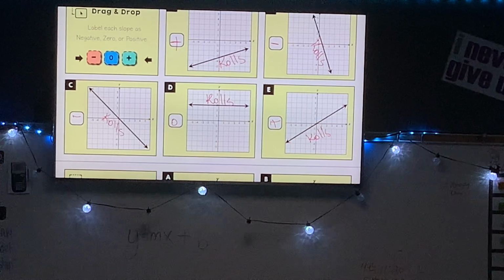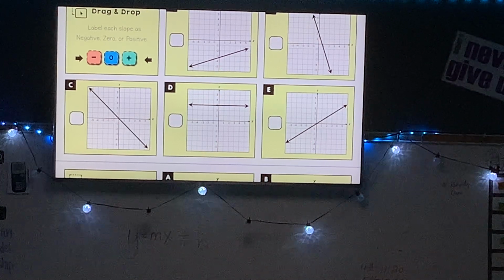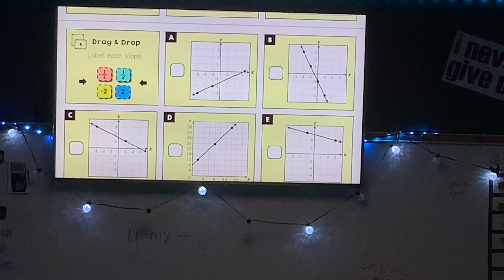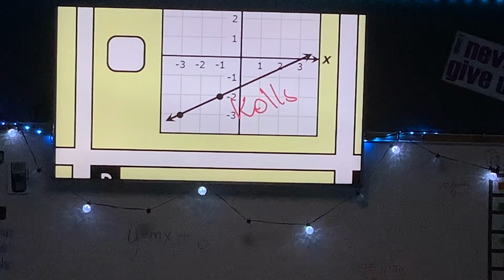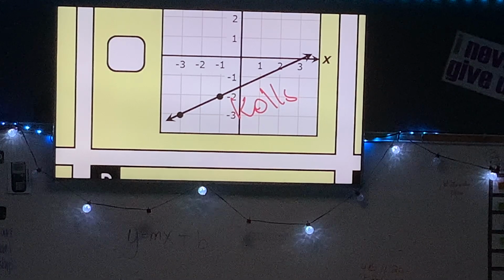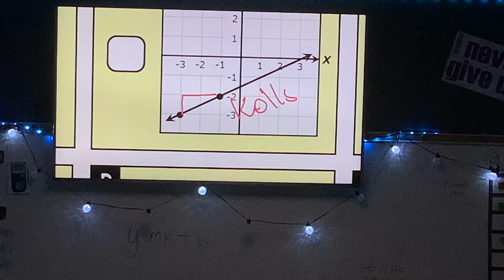So here we go. First, we're going to write our name on it to figure out if it's positive or negative. Okay, so is my A positive or negative? Positive. Now I'm going to rise and run. How many am I rising? 1.